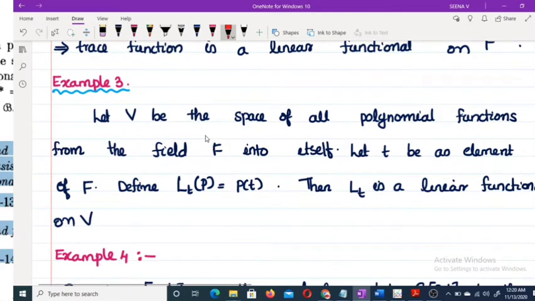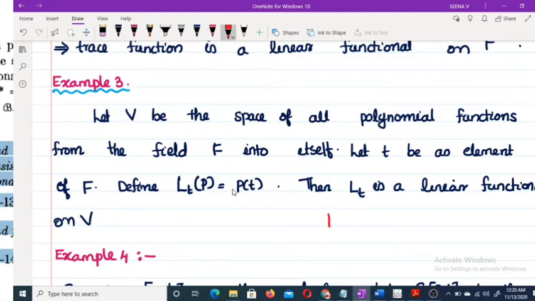Okay. Now let V be the space of all polynomial functions and t be any element. That means V is the set of all polynomials. And we define Lt of p equal to p(t), the value of the polynomial at the point t. Then we can easily show that this Lt is also a linear functional. It is very easy.